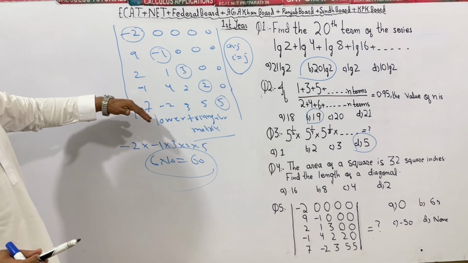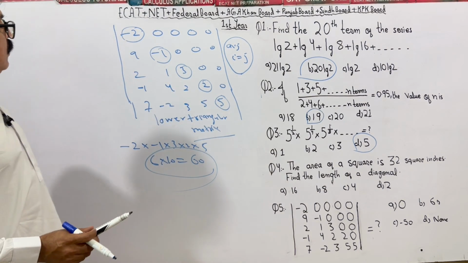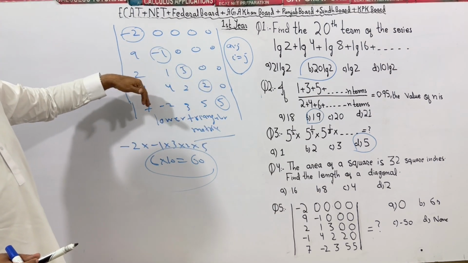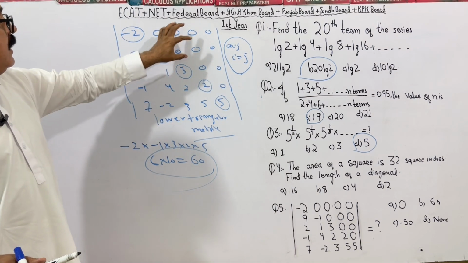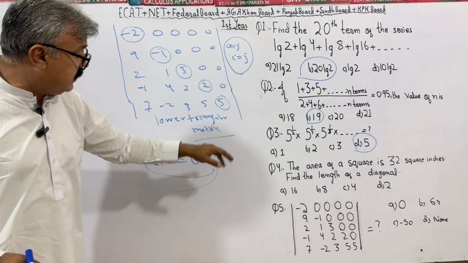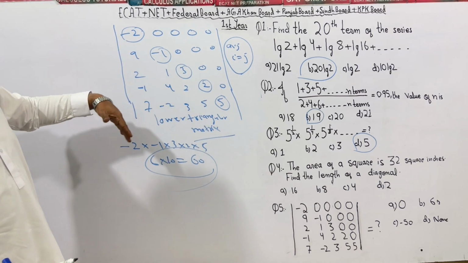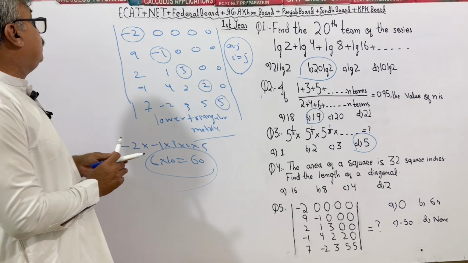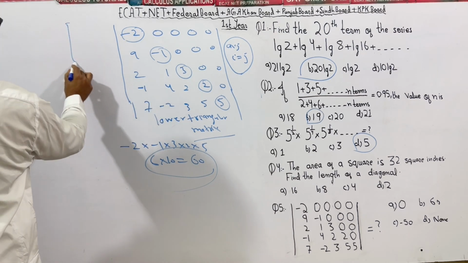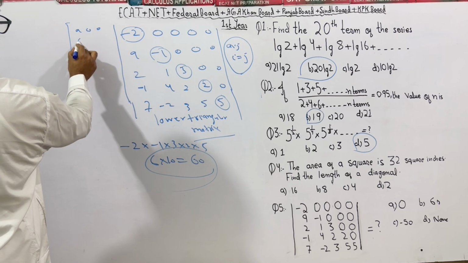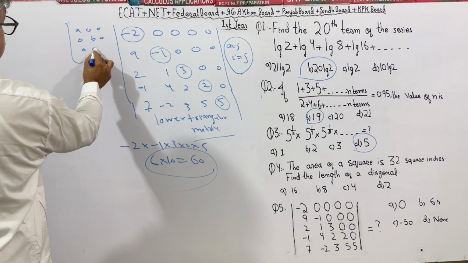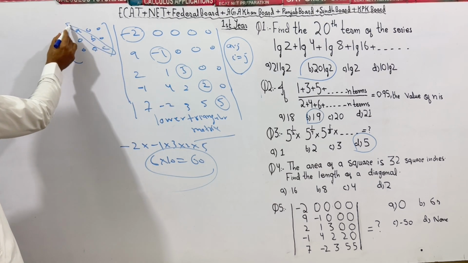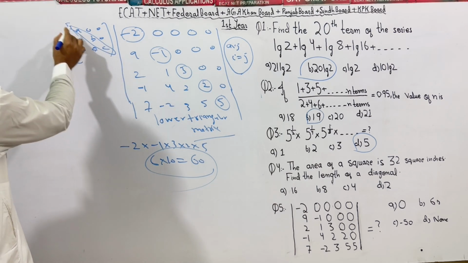Look at the lower triangular matrix, multiply the main diagonal elements, first row first column and so on. Upper triangular matrix, multiply main diagonal elements. If it is both upper as well as lower, meaning reduced row echelon, like this, A 0 0, 0 B 0, 0 0 C, both upper triangular matrix as well as lower triangular matrix, just multiply the main diagonal.